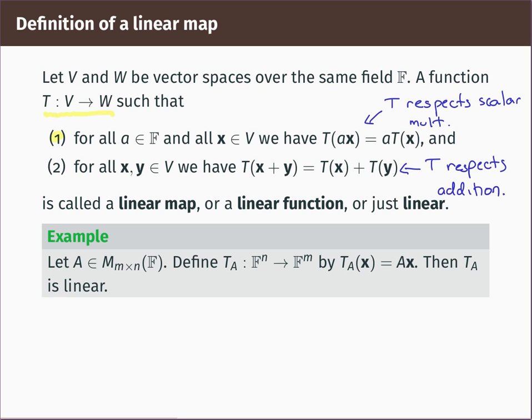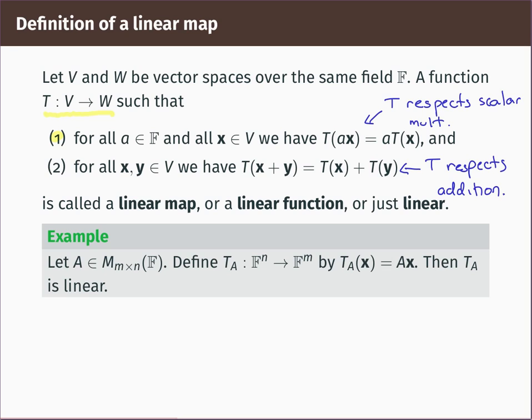There's already a very fundamental example of this, which you're familiar with already, which is matrix multiplication. If you take any matrix A, which is m by n, and whose entries come from F, so as usual F means either the real numbers or the complex numbers, and if you then define the map T_A from F^n to F^m by T_A of a vector x is equal to A times x, then T_A is a linear map.